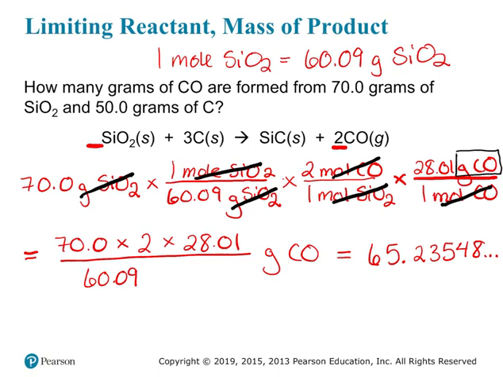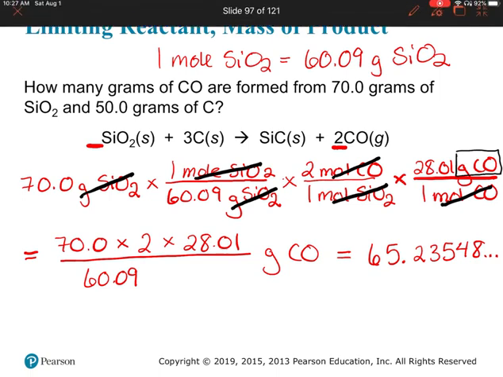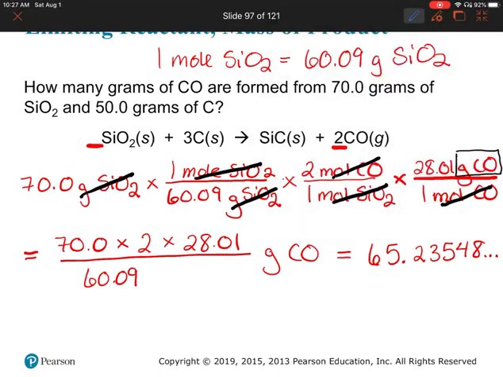So looking at our numbers here, it looks like our first value has 3 sig figs because both of those zeros are significant. Let's see, in our second conversion factor, we have an exact value, 1 mole, and then 4 sig figs for our mass. In the second conversion factor, we have 2 exact values. And in our final conversion factor, we have 4 sig figs over an exact number.